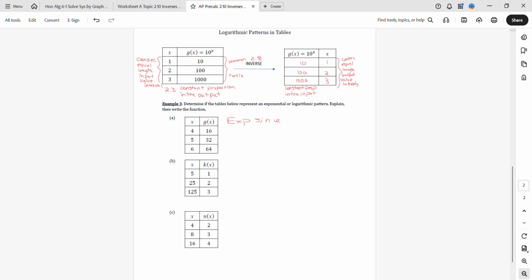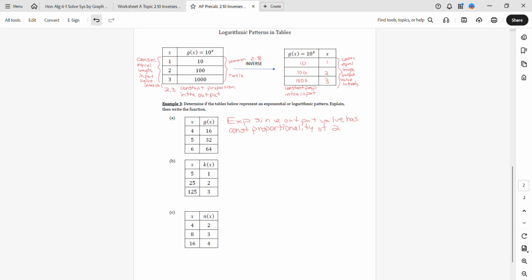Since output value has constant proportionality of what? 2. Good. And this is one of the lessons I'm bringing with me from that AP reading.